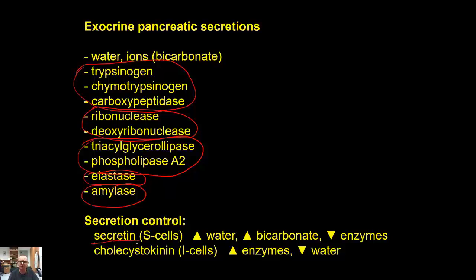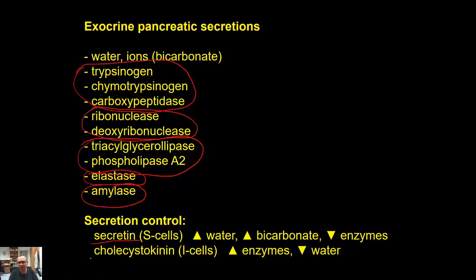Secretin is one of these hormones. It is a peptide secreted by S cells. Its high level triggers the pancreas to form a high amount of secretion, which is quite poor in enzymes.